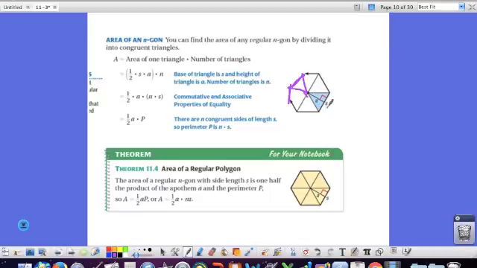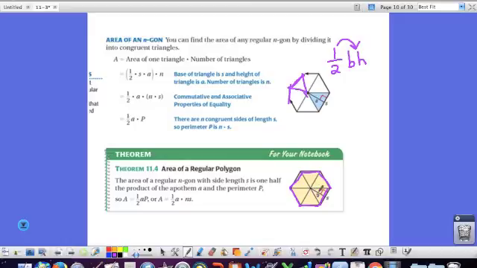The apothem we can use to then find the area of this triangle. Base times height, 1/2. So if we take half of the apothem, remember, to find the area of a triangle, base times height. So in this case, we're taking 1/2 of the height, and instead of taking the base, we multiply by the perimeter, because in this case, that's going to be 6 of the bases. We would get the total area.